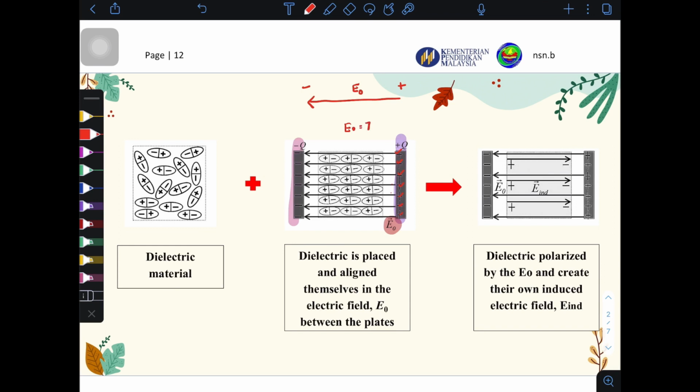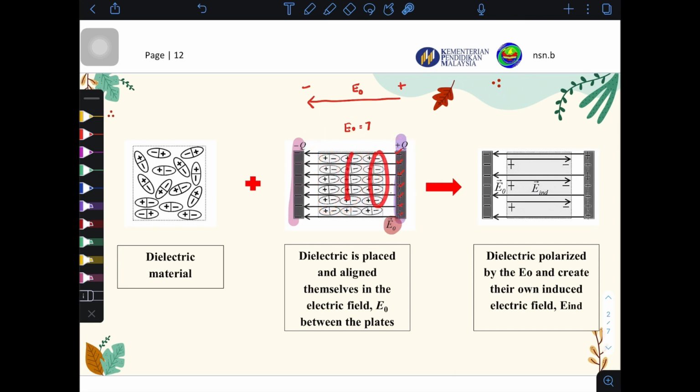Okay, so bila saya masukkan dielectric materials yang tadi berada dalam keadaan random, dia akan saya letakkan dalam ni. What will happen to this dielectric material yang random tadi, dia akan tersusun menjadi positif dan negatif. Kenapa? Sebab ini negative plate, so all the positive charge yang dalam ini akan terarah kepada negatif, dan ini positive plate.